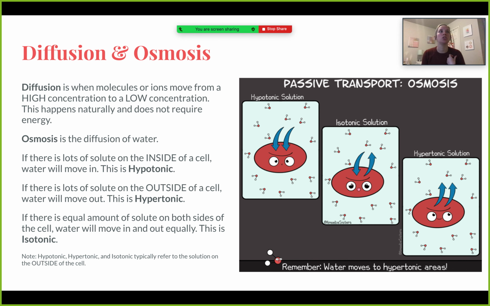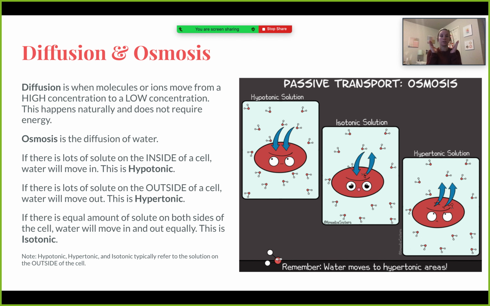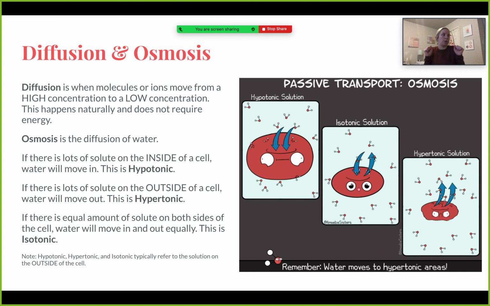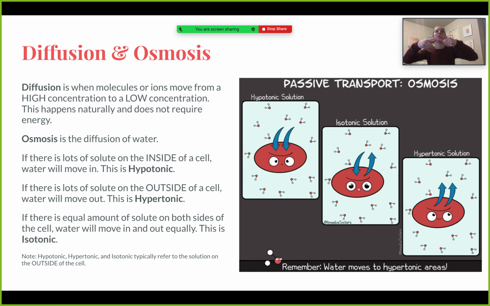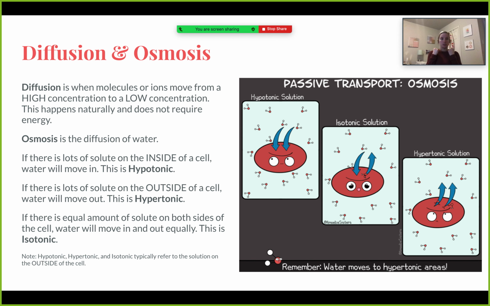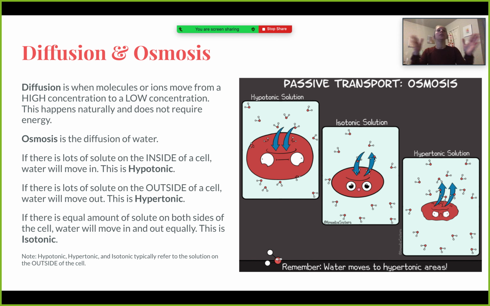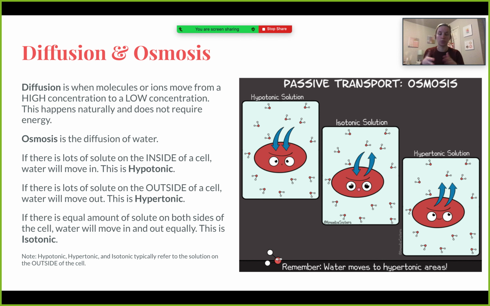So whenever I get into a crowded elevator, I am very uncomfortable. And that's a high concentration of people in your space. So as soon as those elevator doors open, I'm going to want to get away from all those people. I'm going to spread out. So I go from a high concentration, tightly packed with other people, to as soon as those doors open, I'm going to spread, moving to a low concentration where I have space.